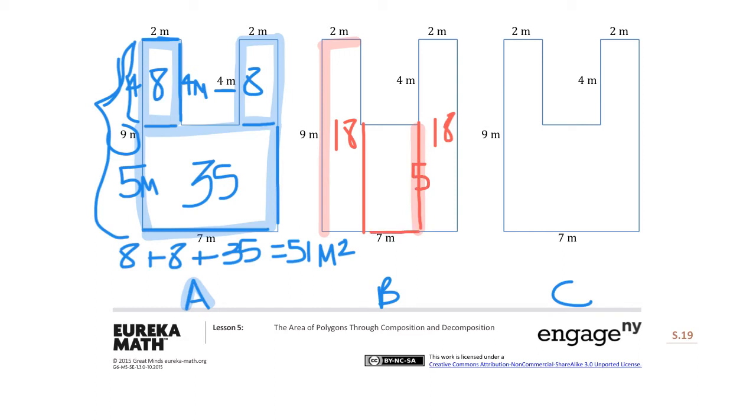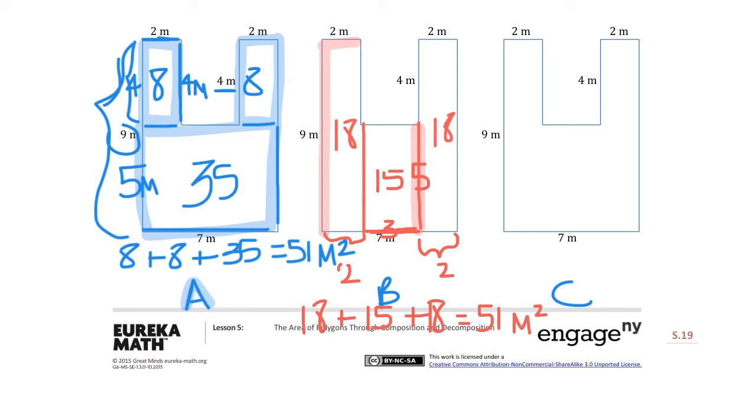Now, my distance across here, if I use what's at the top, I know that this section is 2, and this section is also 2, and so I have to take those both away from the 7, because the 7 is all the way across the bottom. So 7 minus 2 gives me 3. So the distance across the bottom of this rectangle is 3. 3 times 5 is 15. So for my total area here, I add 18 plus 15 plus 18, and that equals 51 meters squared.